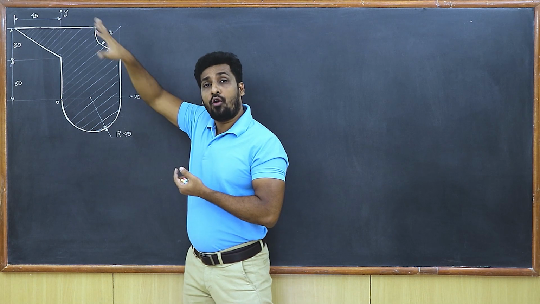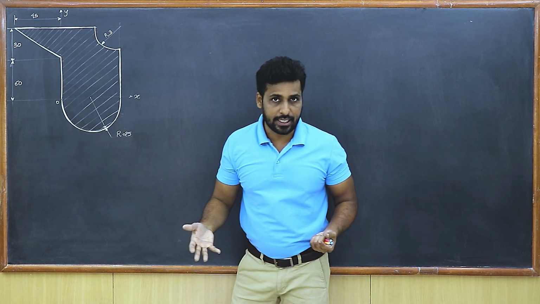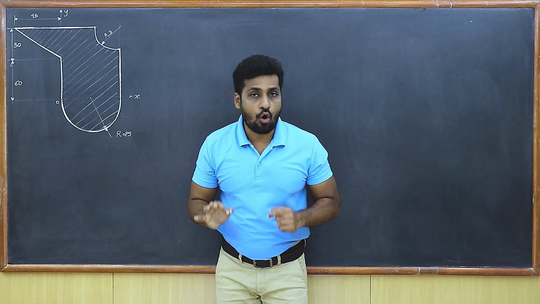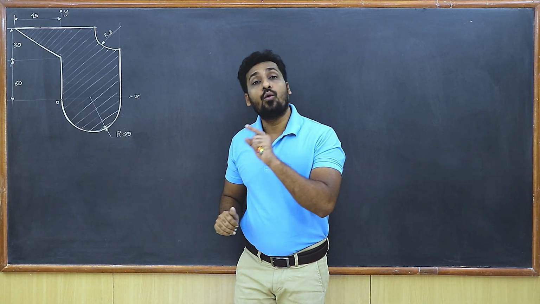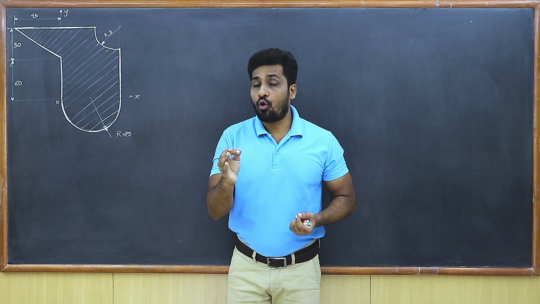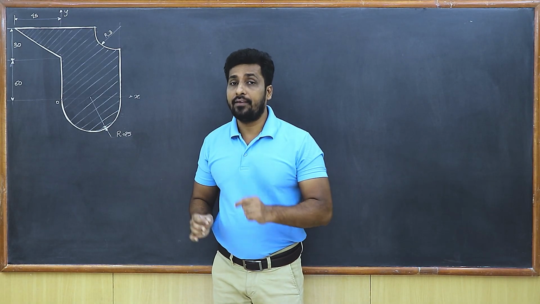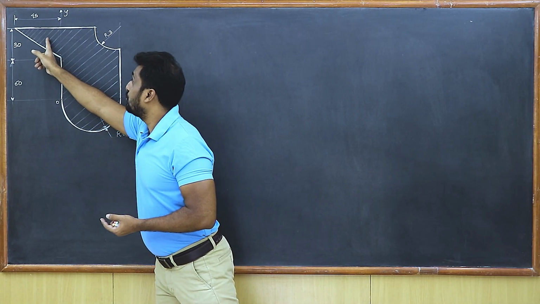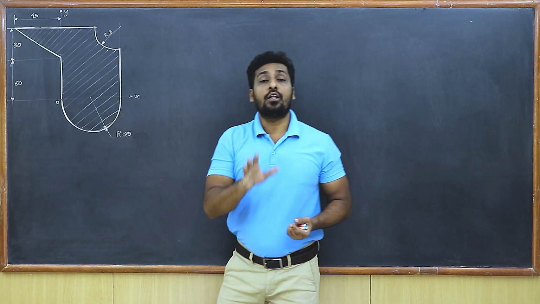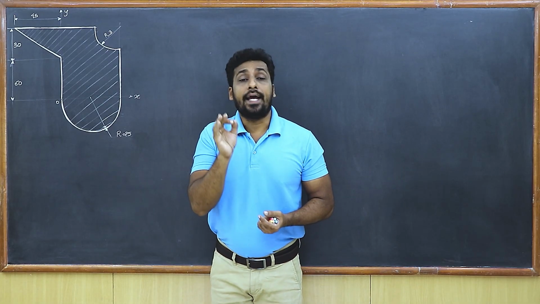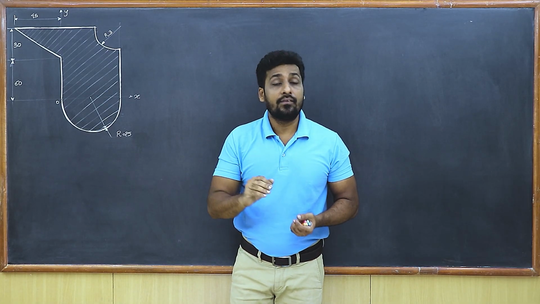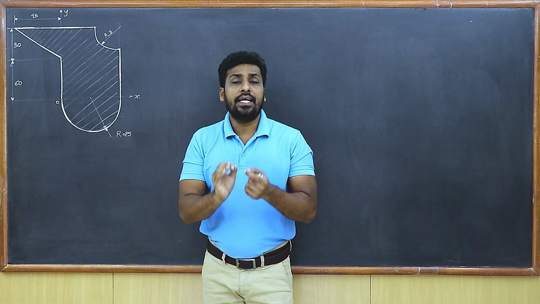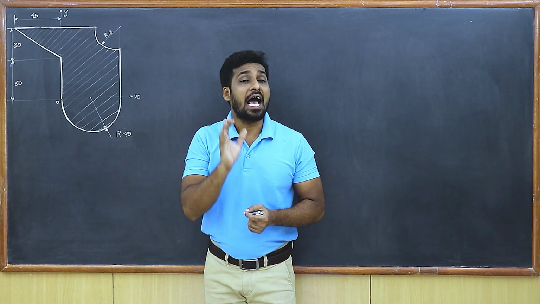That means the centroid of this triangle will also lie in the second quadrant. And now if the centroid lies in the second quadrant, what happens to the x and the y coordinate? You know that in the second quadrant the x coordinate is negative, whereas the y coordinate is positive. That means, students, for this particular triangle, when you write the coordinates of the centroid, the x coordinate is going to be negative and the y coordinate is going to be positive. So this is a very important piece of information you should always have with you.